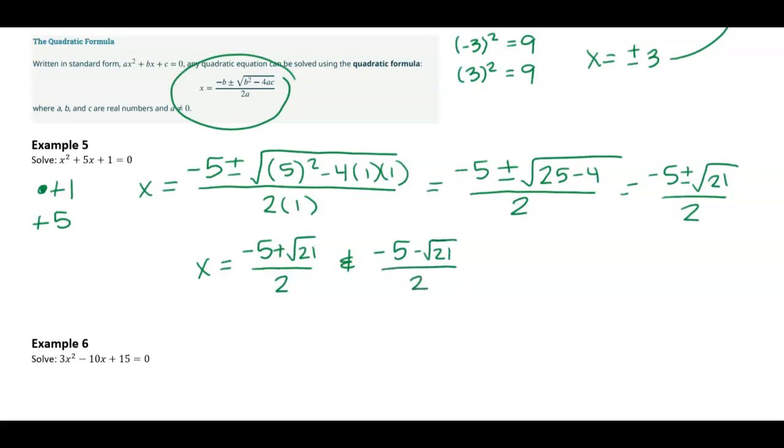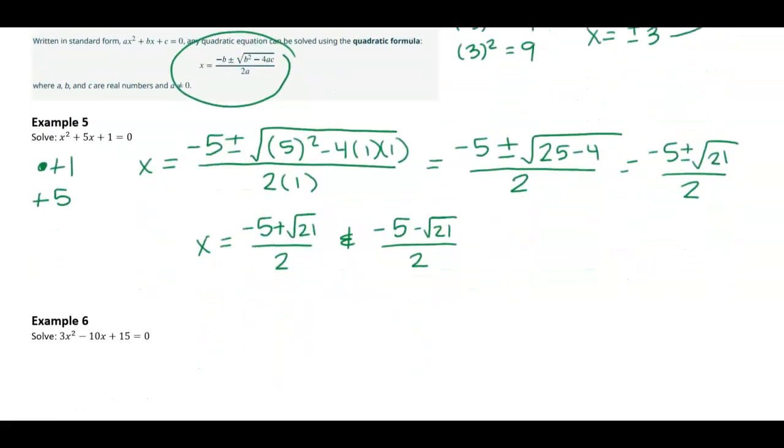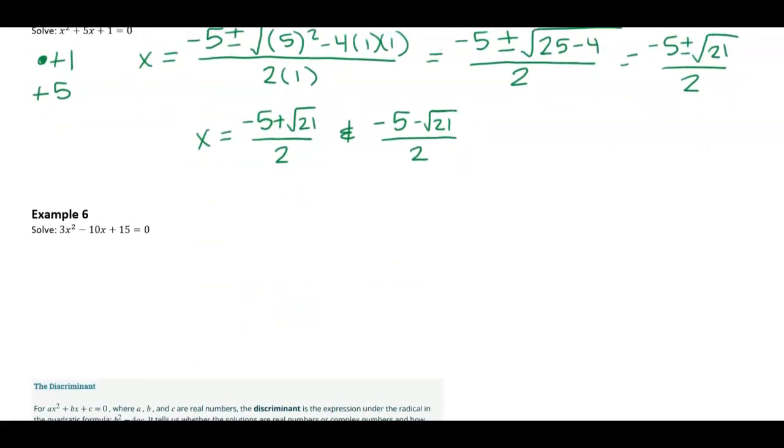And this is why we could not solve this using factoring, because this is not going to be integer numbers. These are going to be real numbers. They are going to be irrational numbers, but they are real numbers.